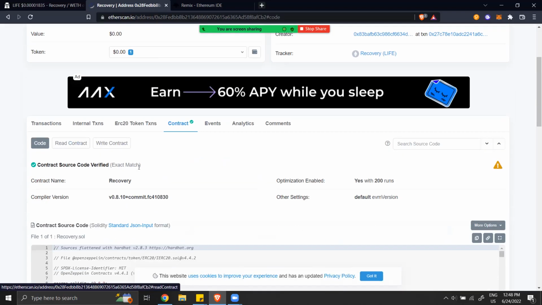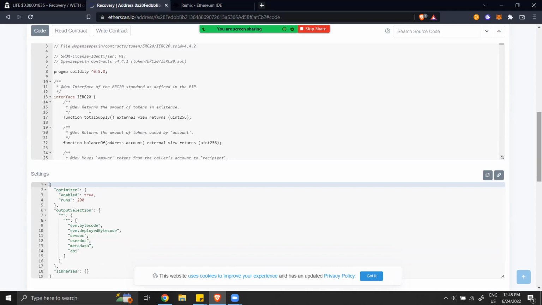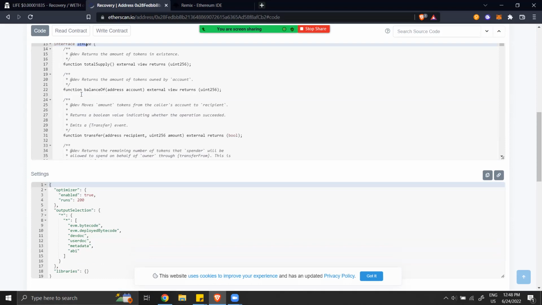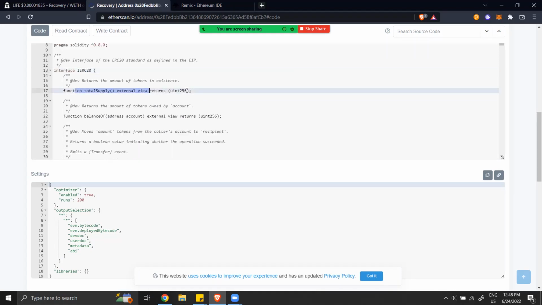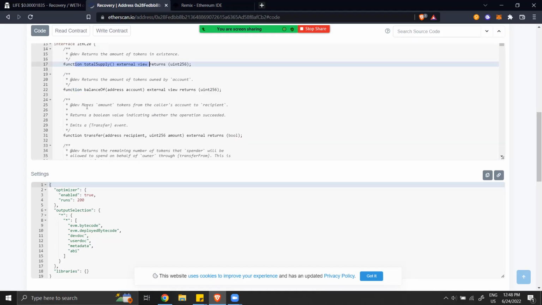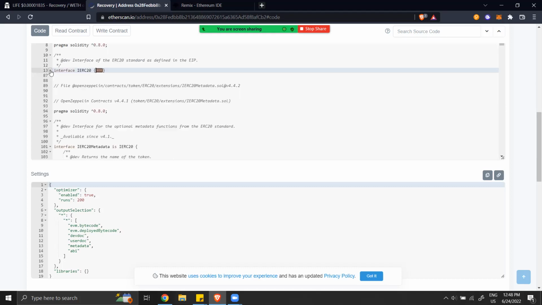Contract code. This is first the interface of the ERC20 standard for a token. So only the name of the functions, but not the contents. After that, the ERC20 interface for the metadata of the token.